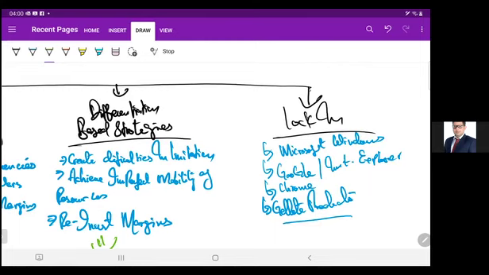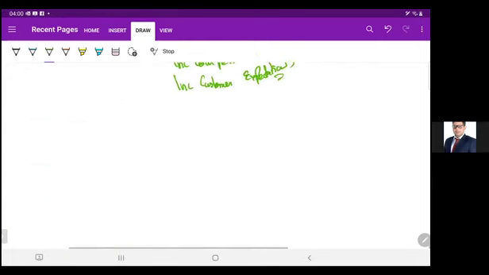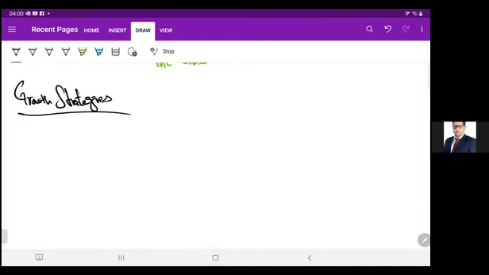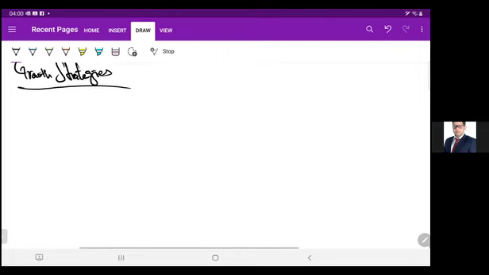Now, then we have growth strategies. For growth strategies, firstly, you have to look at the matrix like this. Let me show you the matrix.